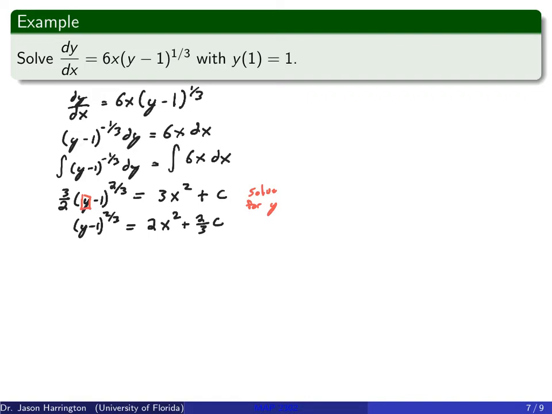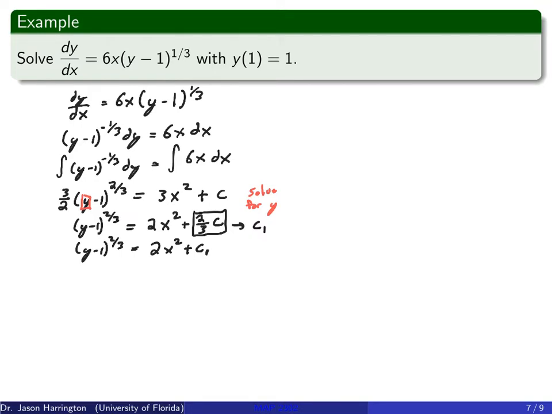Now, this here, I can just rename and call C1, just to make my life a little bit easier. So I have y minus 1 to the 2/3 is equal to 2x squared plus C1.